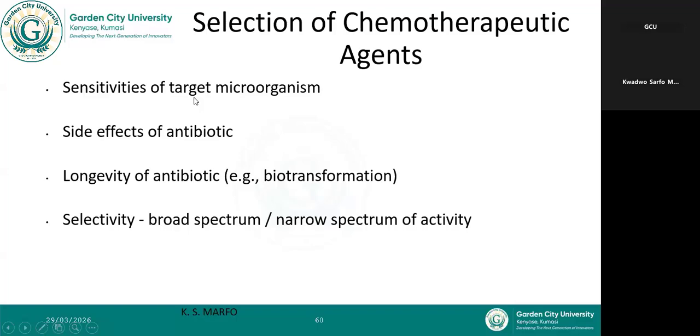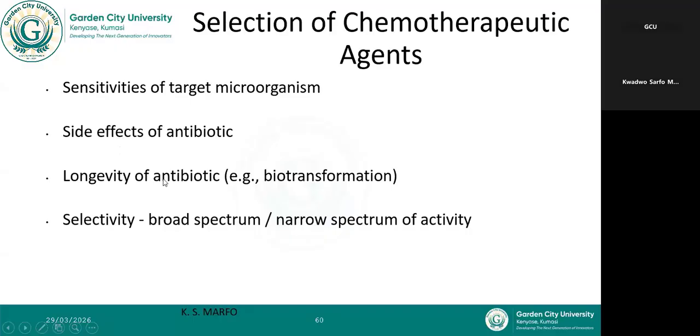Or if the chemical targets only gram-negative, why would you prescribe it against gram-positive? So the target organism should be considered. Again, the side effect. If it is effective in killing the organisms, but will cause harm to the host, that means safety concerns have to be considered.